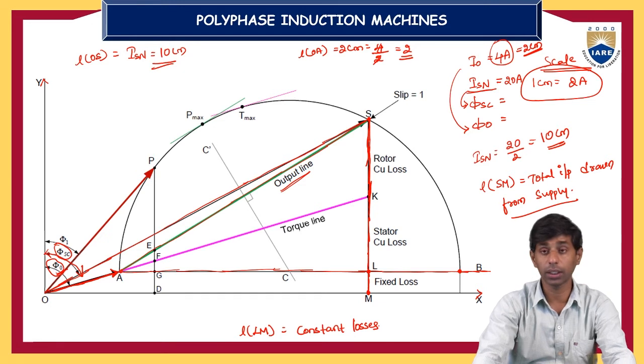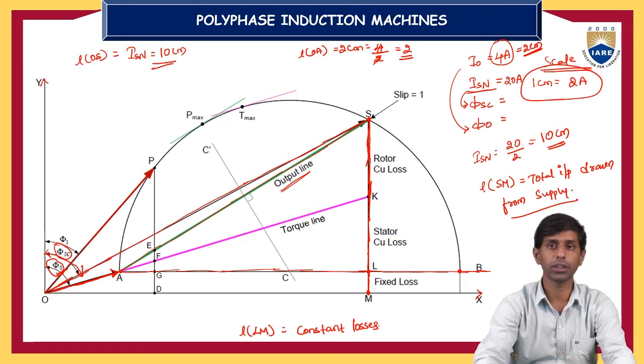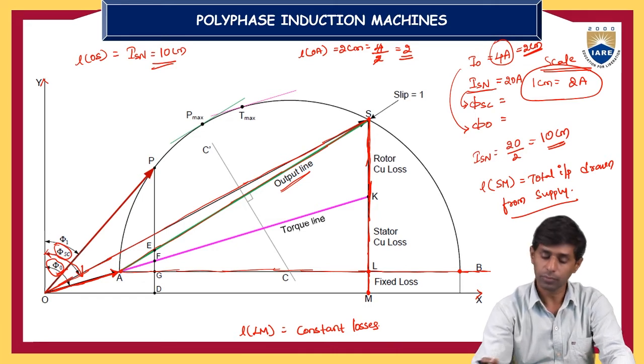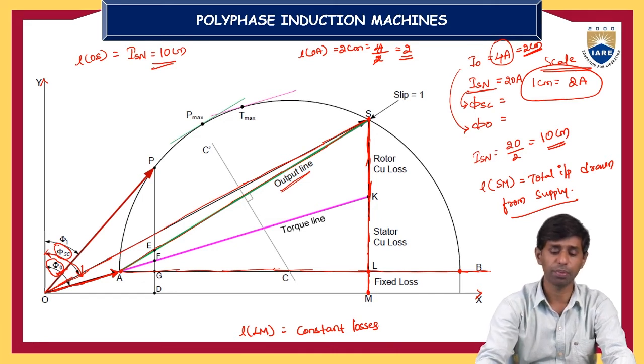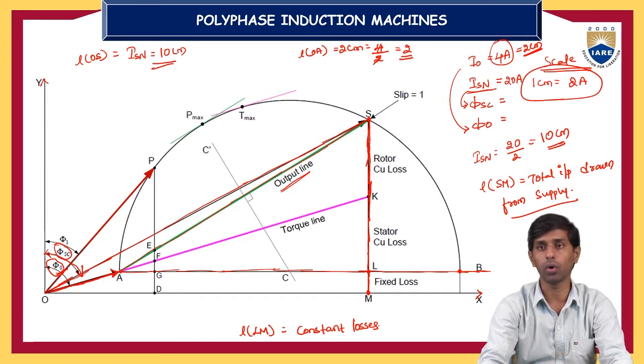But under the blocked rotor test, if you are applying the rated terminal voltage, the rated no load input voltage, then you have to consider the fixed losses, which are involved in the PSM. So the length of SM represents the total input power drawn from the supply under the blocked rotor test when applying the rated no load input voltage to the induction motor.